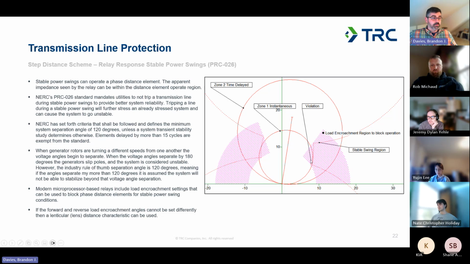It doesn't last long, so we only care about it for instantaneous elements. And you've got to make sure it doesn't operate for that. In the last 4 or 5 years, NERC came out with PRC-026, which gives some screening criteria that says you've got to evaluate this to make sure your protection doesn't trip off for one of these stable power swing events.